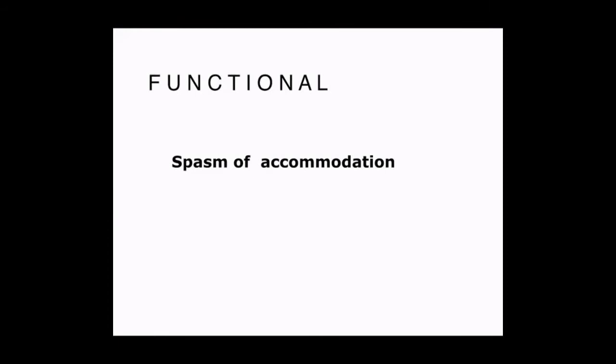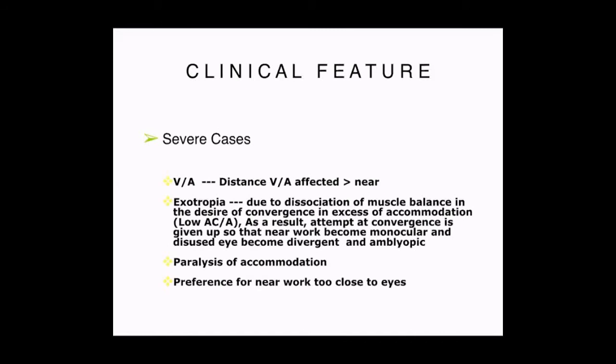So clinical features of myopia, they can be divided into mild, moderate, or severe, depending on your grading of myopia. Mild cases are usually asymptomatic, with late onset of presbyopia. Moderate cases result in eye strain, frontal headaches, fatigue, early tiring, and basically the patients know that they have some vision problems.